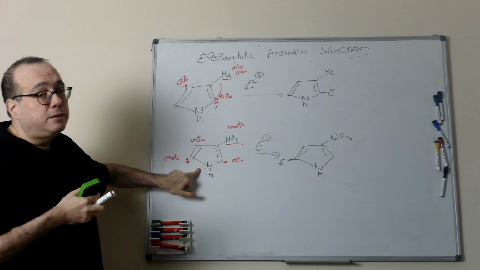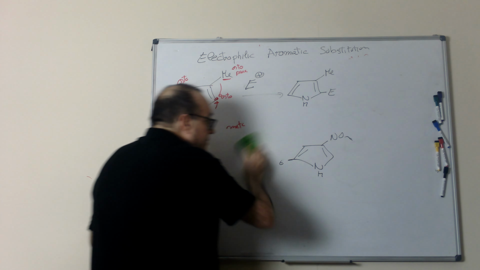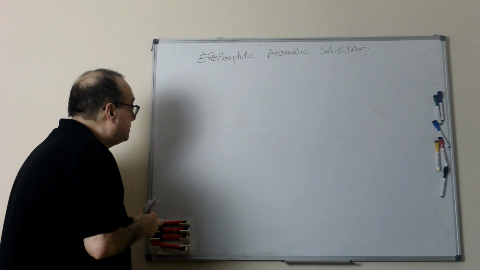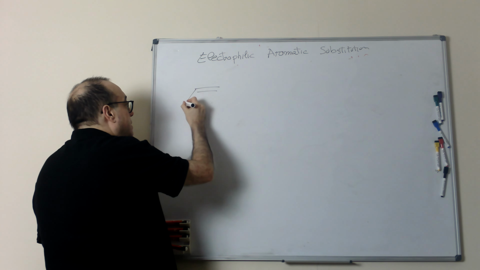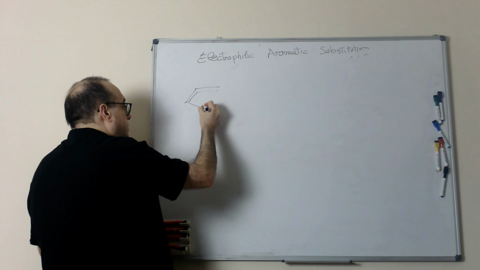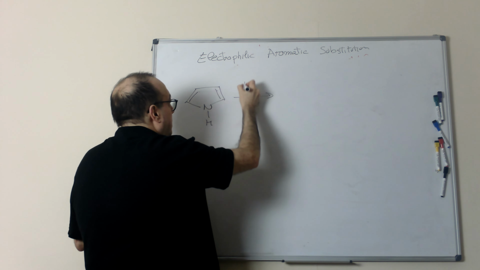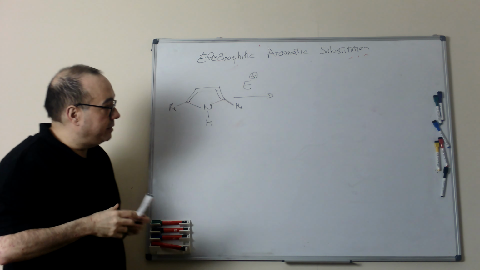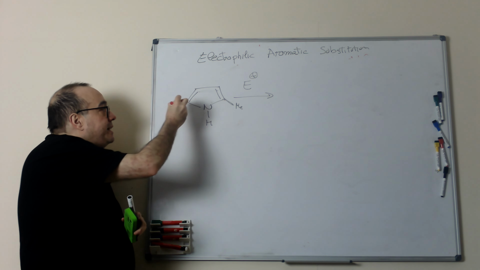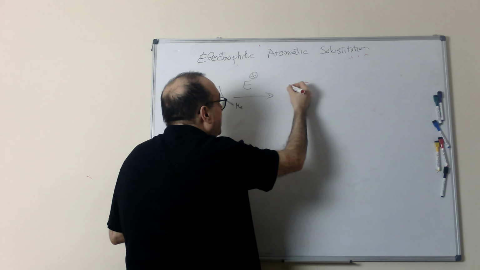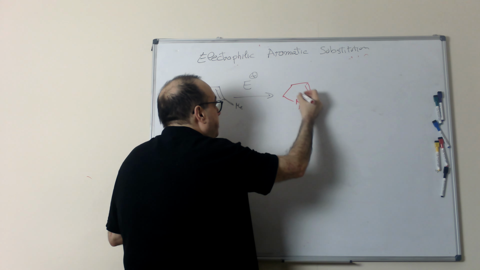An important thing of the Pyrrol is that it's so active that if, for example, we have this compound, this Pyrrol where we have the two C2 positions already substituted, what will happen is that the addition will take place in the C3 position.